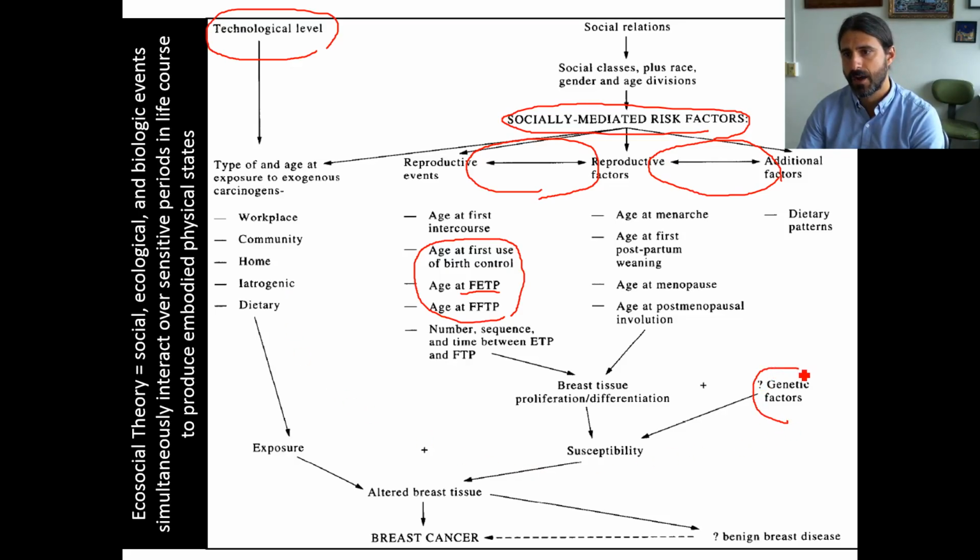These all interact with the individual susceptibility, or conversely the individual resistance to exposures, ultimately ending in a potential phenotype of breast cancer or not.